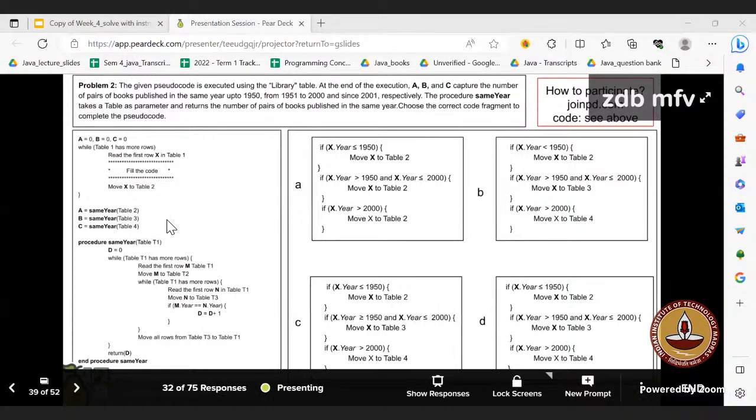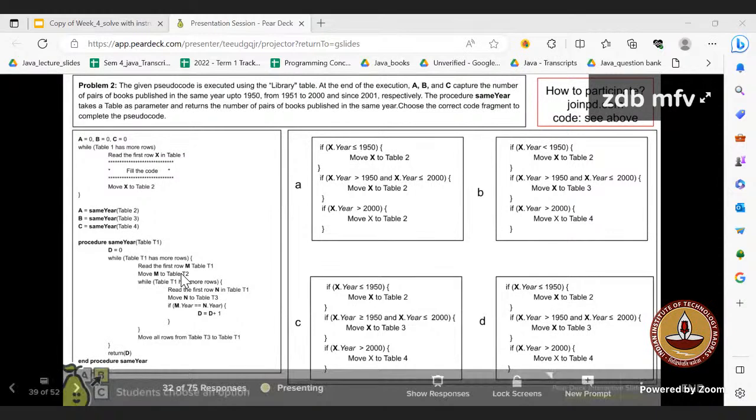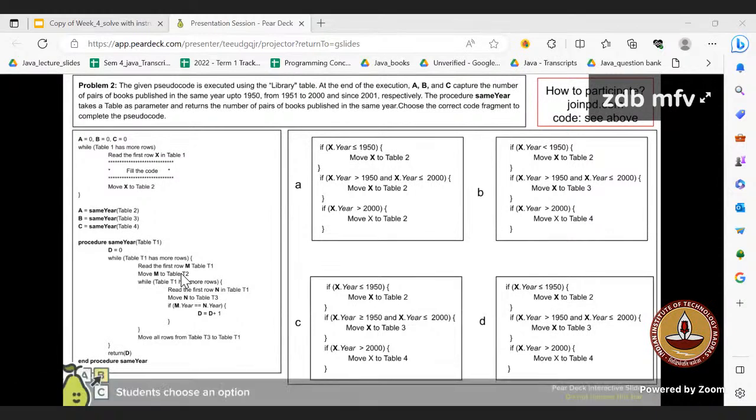So, ma'am, when we have a certain book in table 2, will it compare the publishing year of that book with all the books of table 3, or will it go stepwise? So why is table 3 coming into the picture for you? Ma'am, table T3, sorry, table T3. What is table T3? Table T3 is made from table T1 only. Yeah, ma'am.